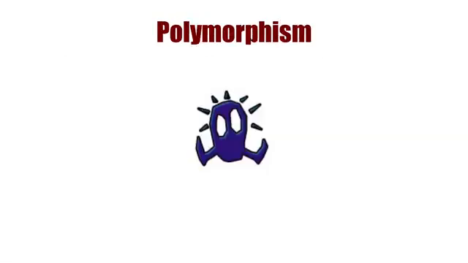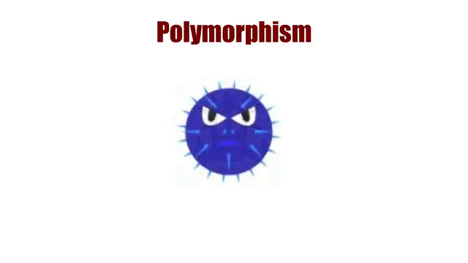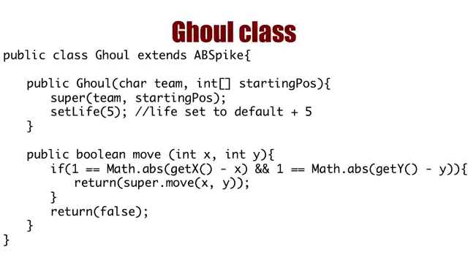The example we just looked at, writing the move method for the Ghoul class, is also an introduction to the idea of polymorphism. In a very general sense, polymorphism is the idea that one object can take many forms or stand in for another type of object. Let's see how this is done in our example. To get the big picture, we need to take note of two things.